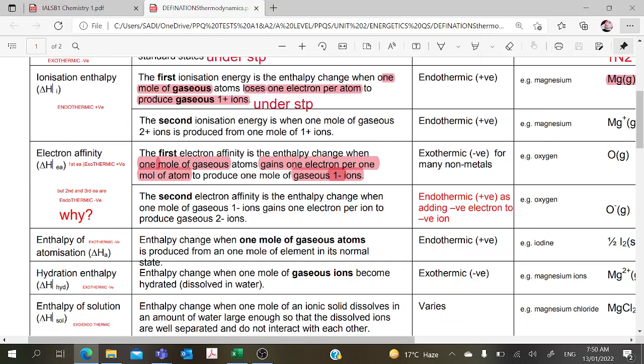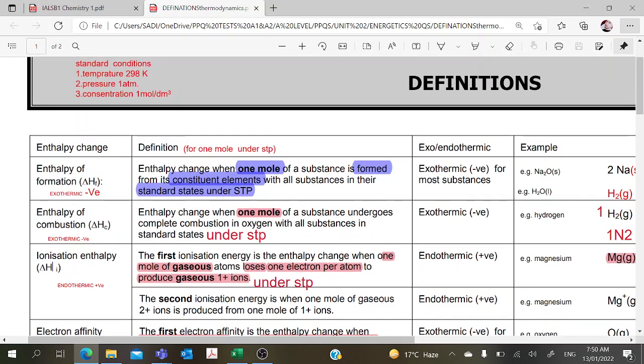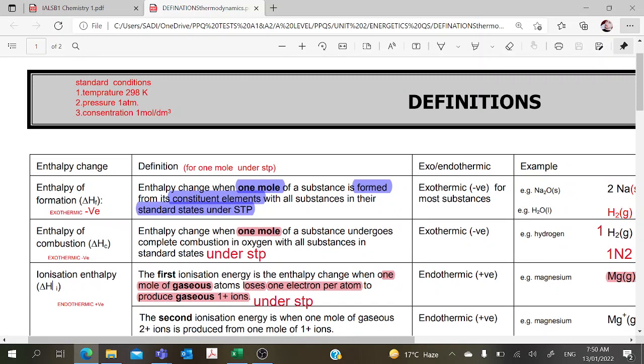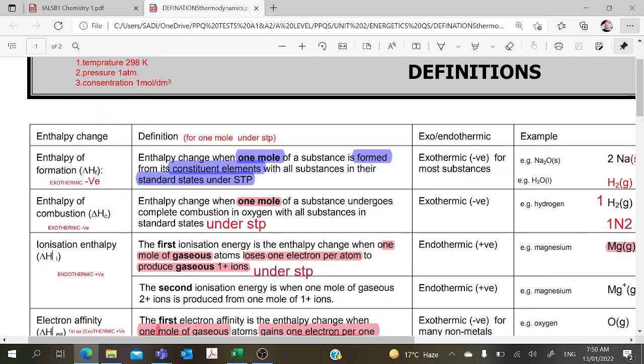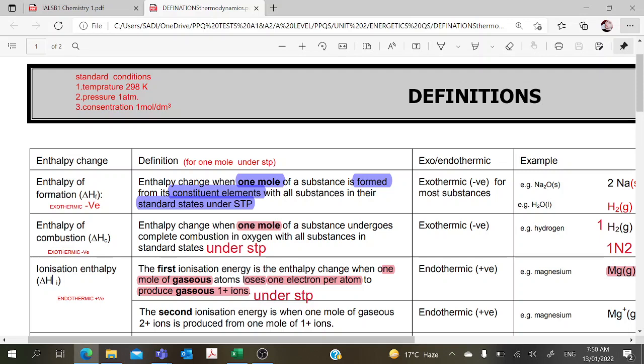Now, what is enthalpy change first of all? We'll talk about that. What is enthalpy change? Enthalpy change is basically the change in heat energy or heat transfer. When we are working on chemical reactions, the reactants are going into products.